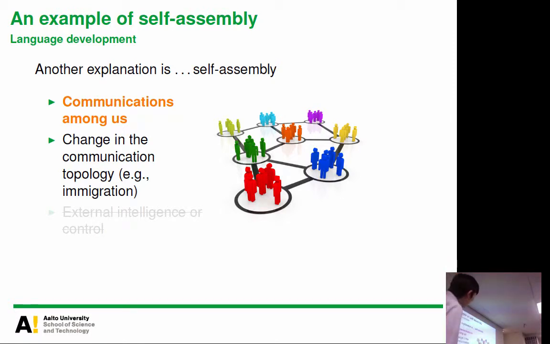But depending on the topology, some people can communicate with each other, but other people cannot communicate with each other. Some people find, oh, this is a better way to explain something, but some people find another way to explain something. And then yeah, we get many different languages like Finnish, English, etc., etc.